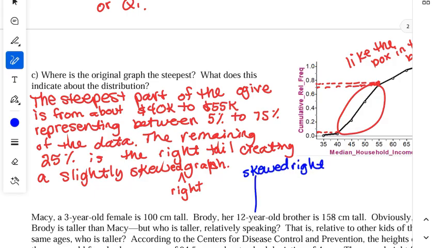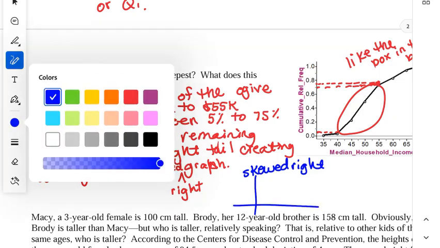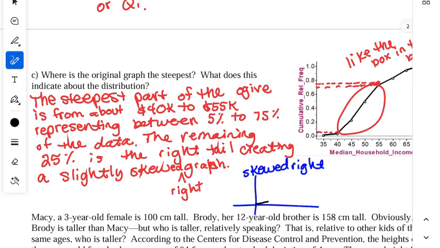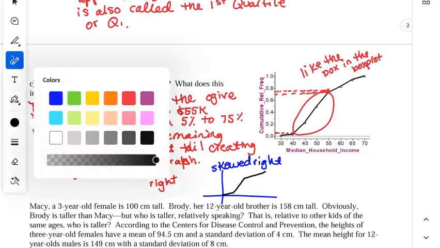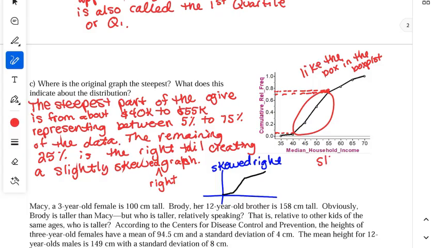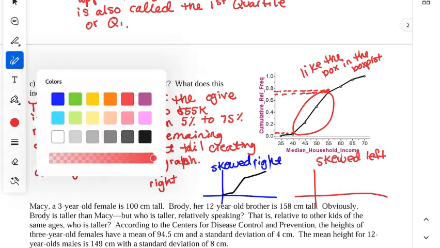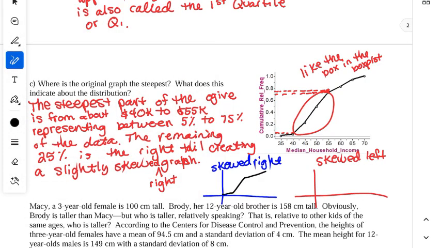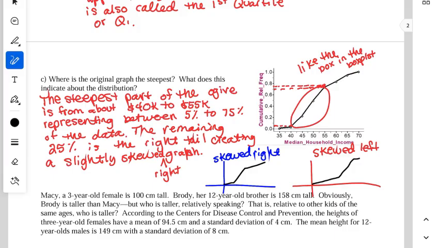Okay, so an ogive that is skewed right looks like that one, where it's slow, steep, and then like that. And so then if we have a skewed left, it's going to look like this.